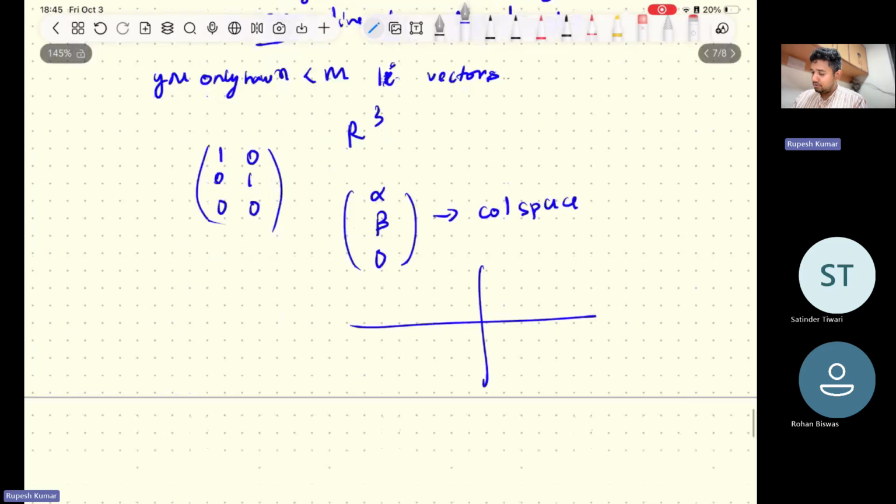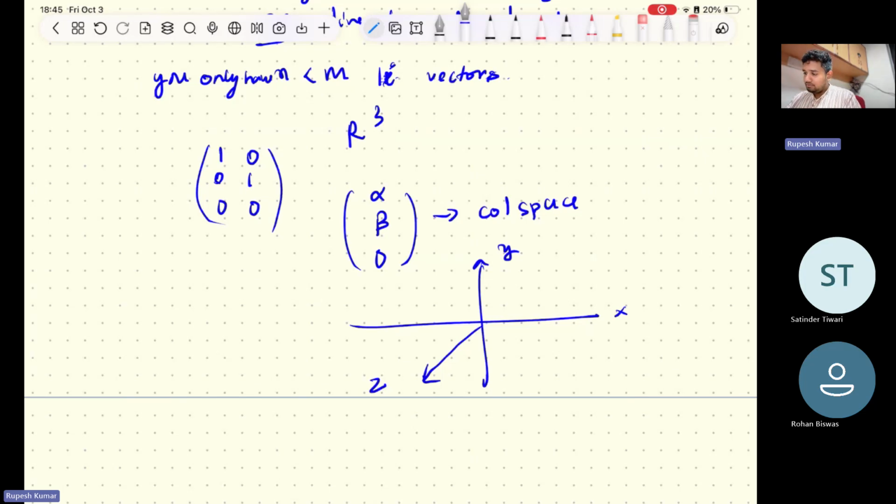It essentially is the XY plane, with Z as the orthogonal direction. You can span the entire XY plane, but you cannot span vectors along Z. Anything that goes out of this plane, you cannot span.